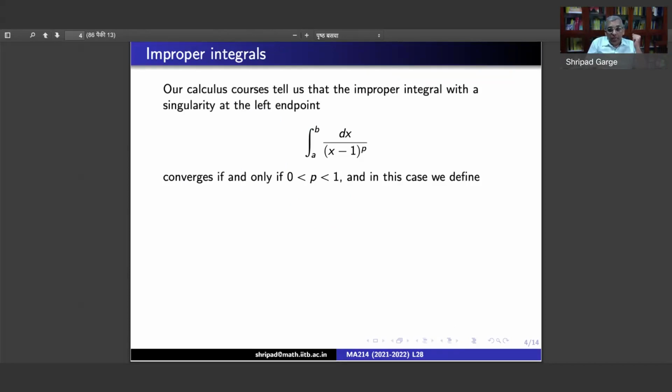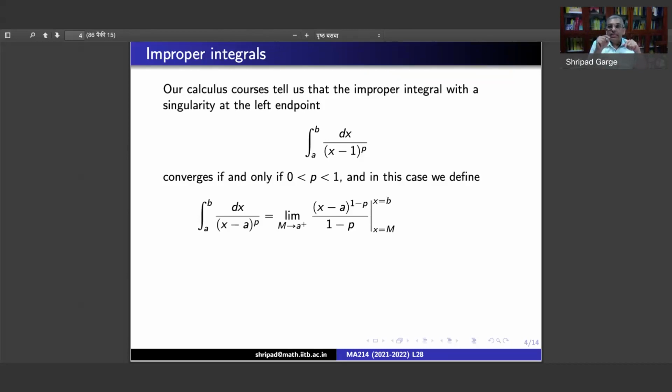What we actually have is that the integral from a to b of dx upon (x minus a) to the power p is obtained as the limit, as M goes to a from the positive side, of (x minus a) to the power 1 minus p upon 1 minus p.